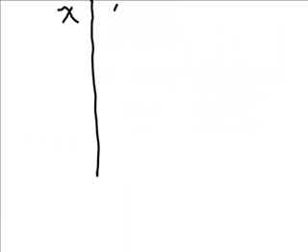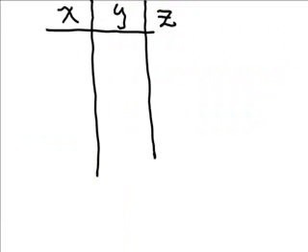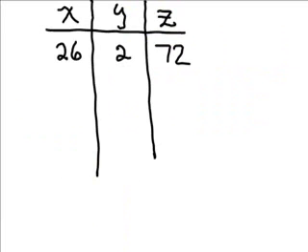So let's make a new table up here. All right, and let's just put in our first hit of 26, 2, 72. And we know that our next hit is going to be 26 minus 7, or 19. All right, so you want there to be a difference here of 7.